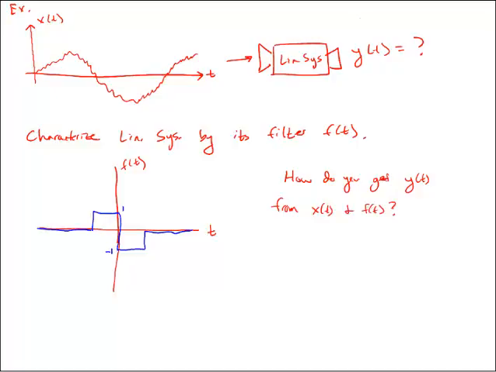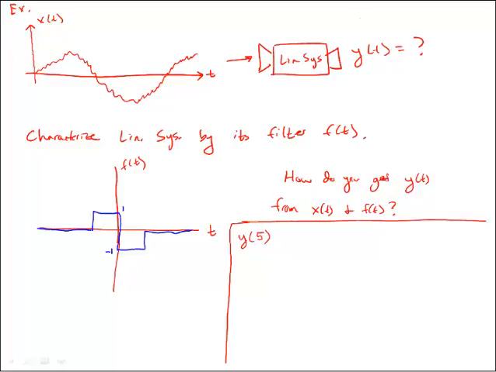So let's go through things one step at a time. Let's say we're trying to figure out y of 5. So we're trying to figure out the value of our output at time 5 seconds, for example. How do we do this? Well, first we have to pick a window.